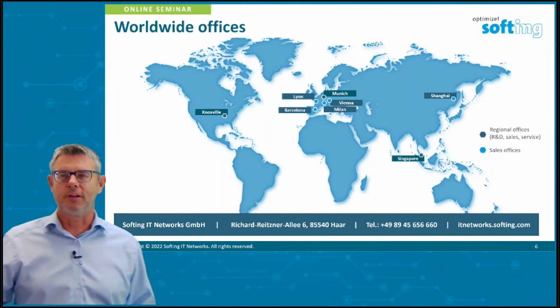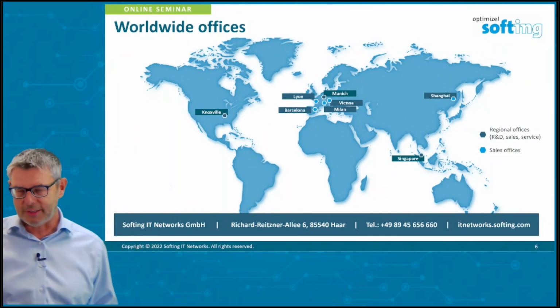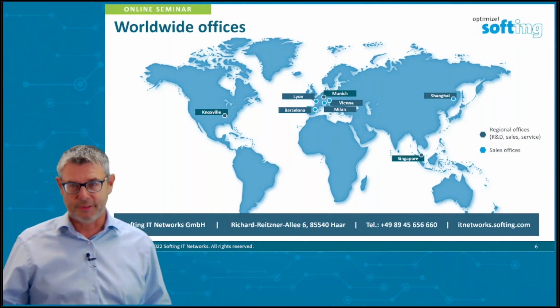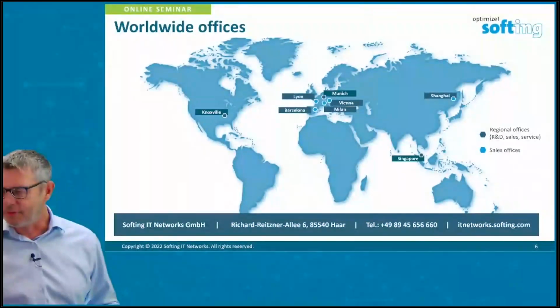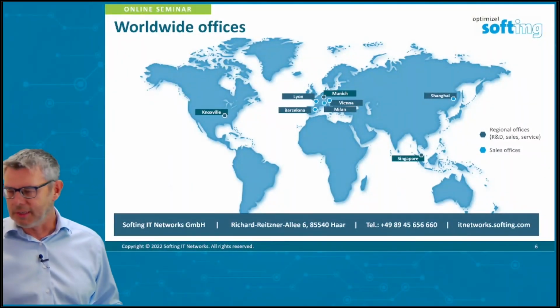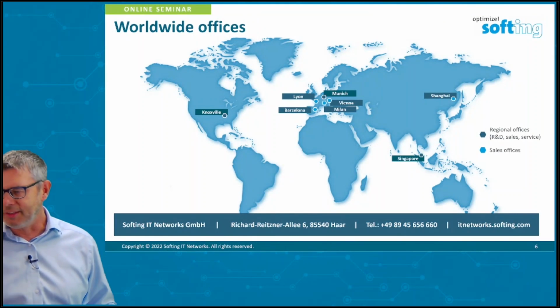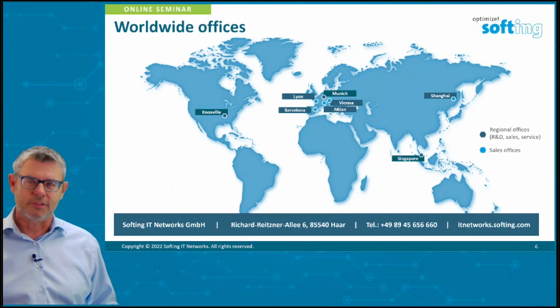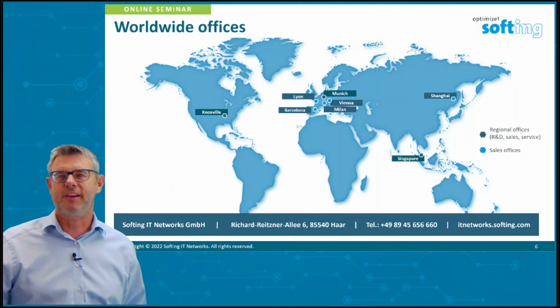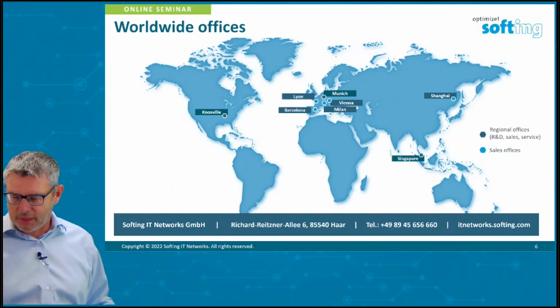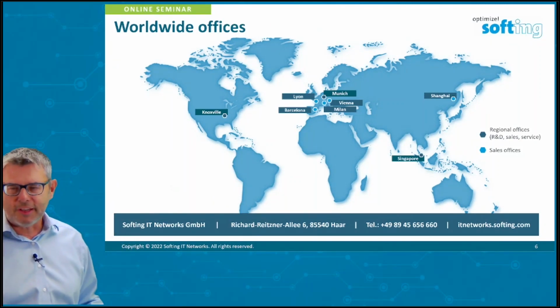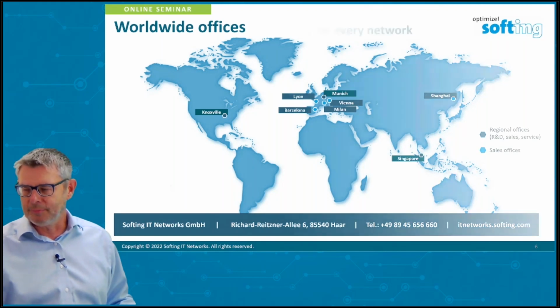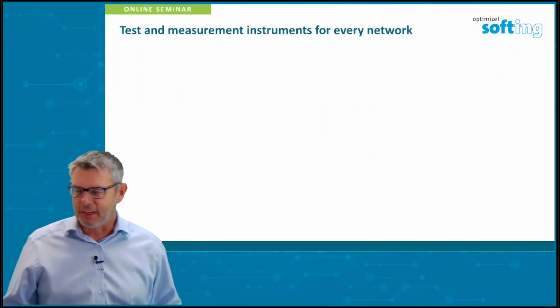We have a couple of sales outlets spread over Europe and the world, let's say. So a few names, a few cities: Lyon, Barcelona, Vienna, Milan, and of course the big Chinese market in Shanghai. We have one office.